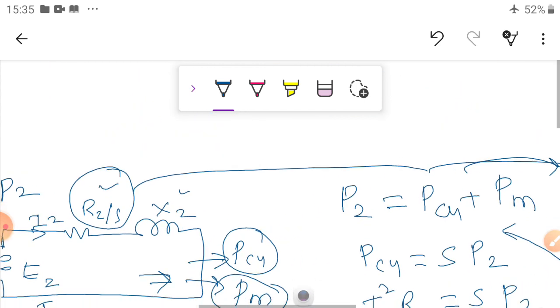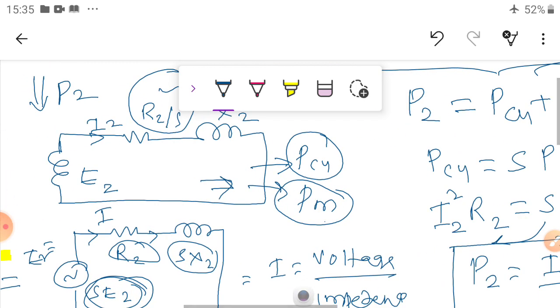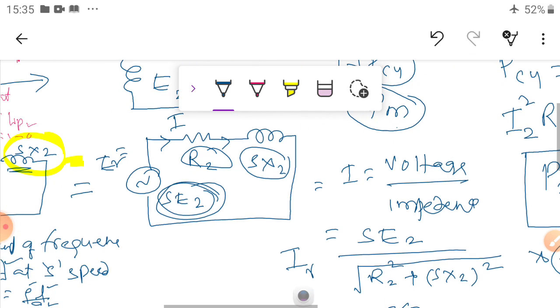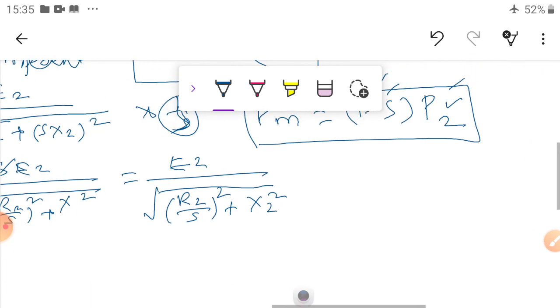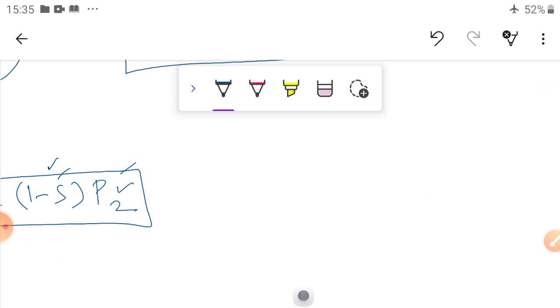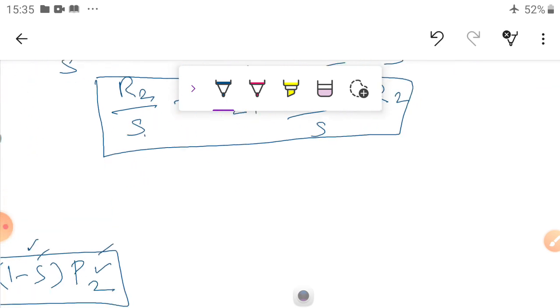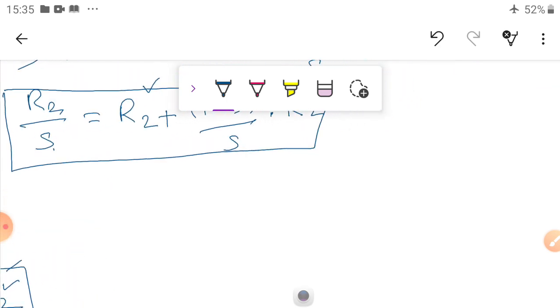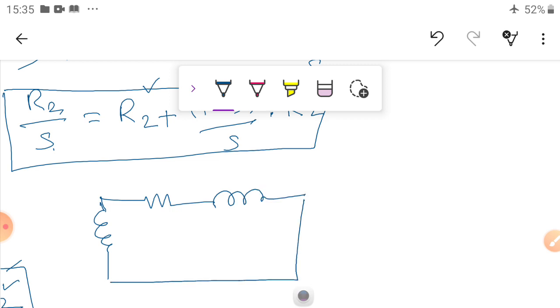Once again, this is equal to E2, R2 by S and X2.